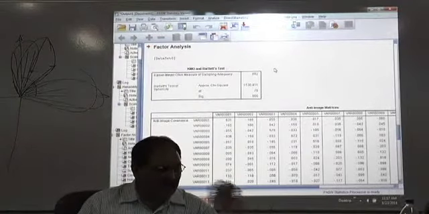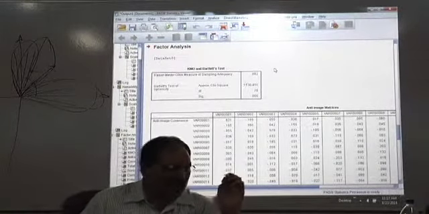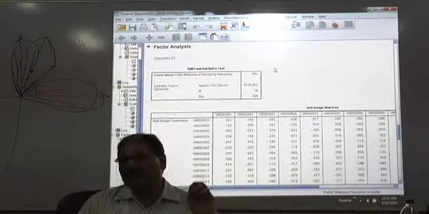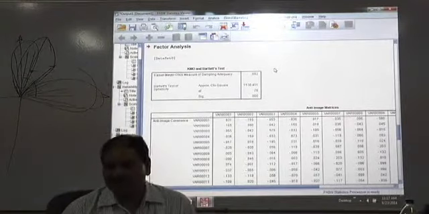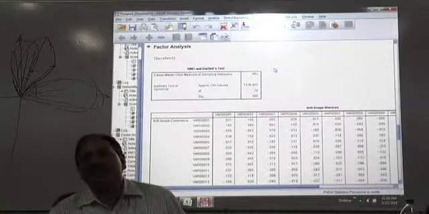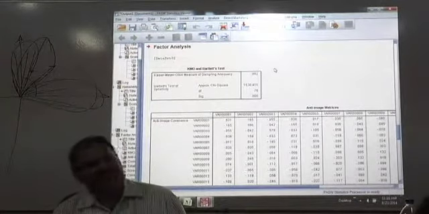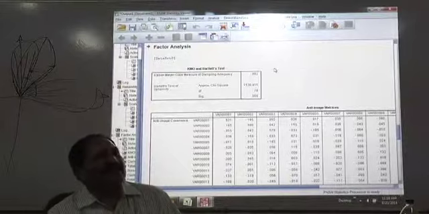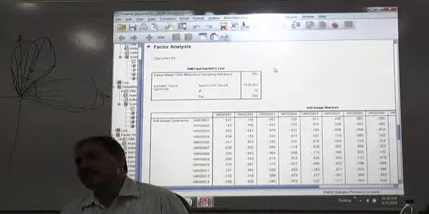First is KMO. KMO is the Kaiser-Meyer-Olkin measure of sampling adequacy. Basically, it tests the data for normality. It evaluates whether the sample size was large enough to treat the data as normally distributed.